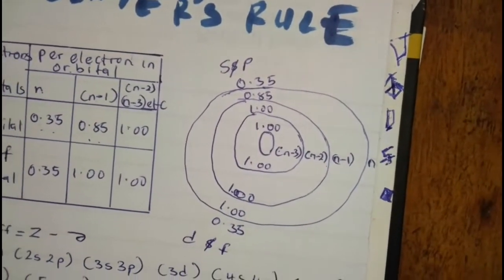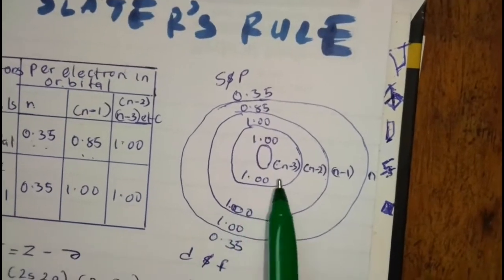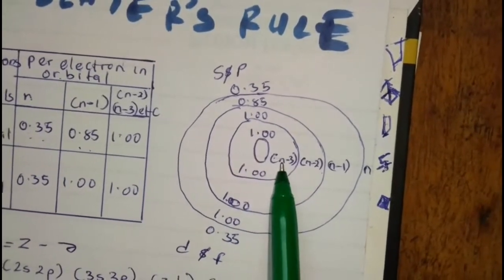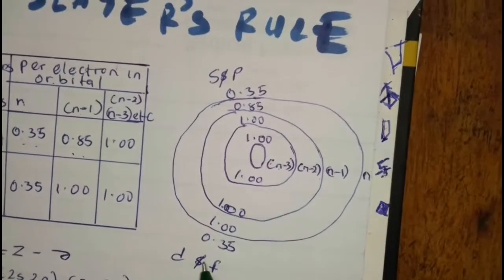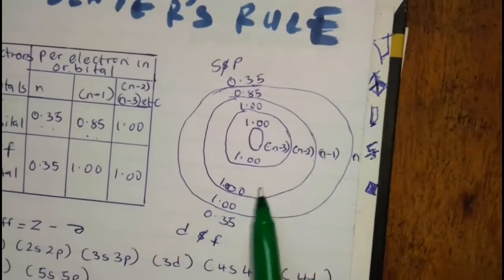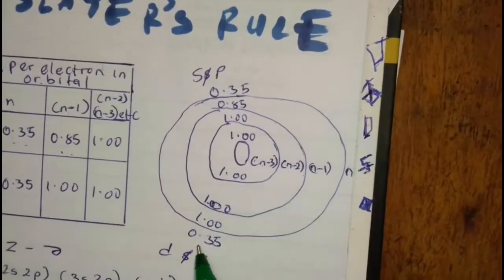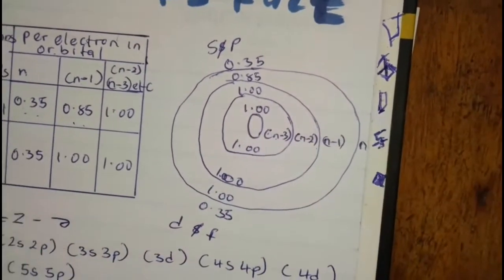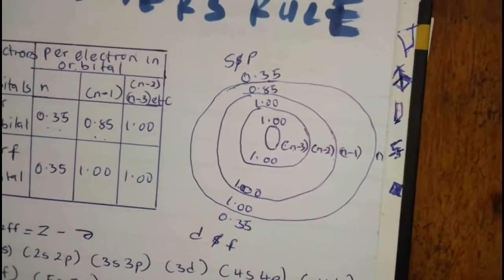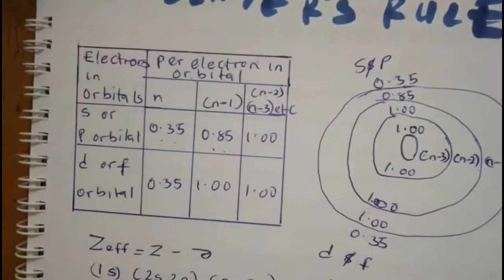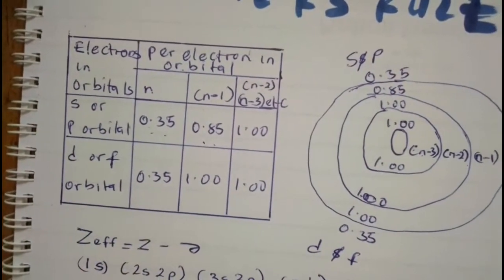Any electron that falls in the d and f regions is 1, and the one that falls in the main shell is reduced by 0.35. If you understand this table, you can also understand this one.